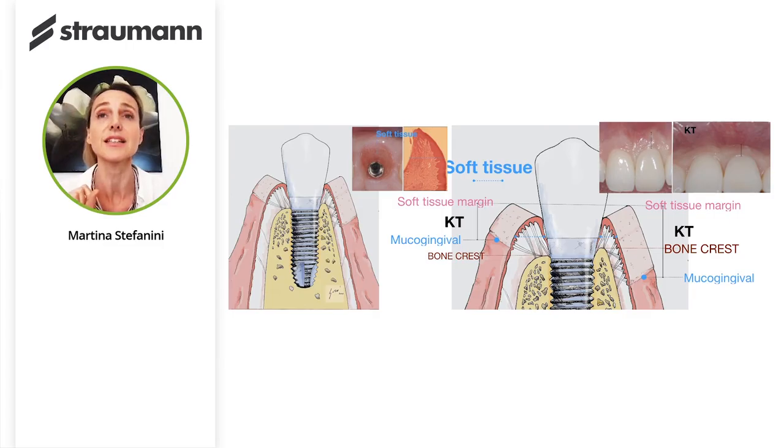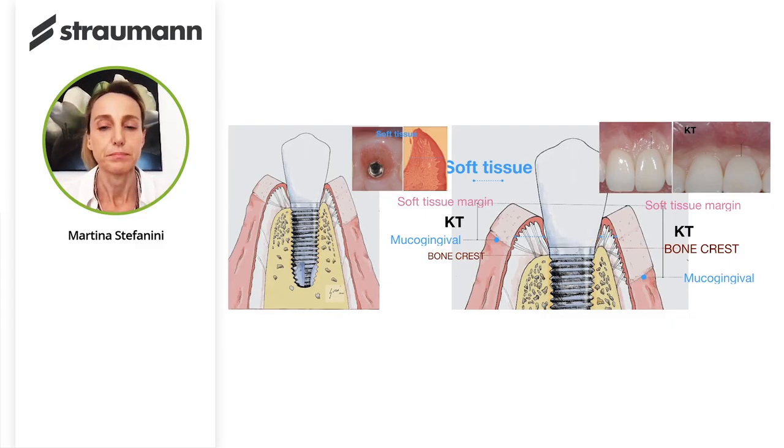The vertical one is keratinized tissue, and it represents an external feature of the soft tissue that covers the implant supported restoration, while soft tissue thickness represents the quantity of connective tissue that we have between the external epithelium and the junctional epithelium.